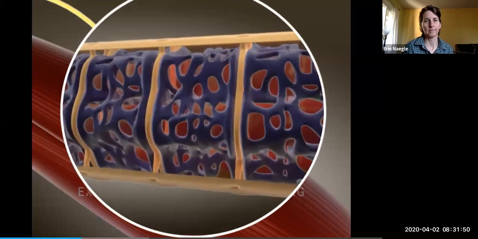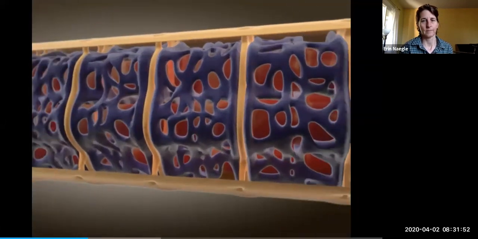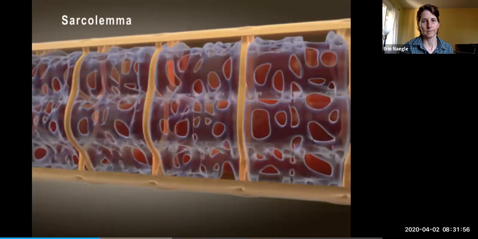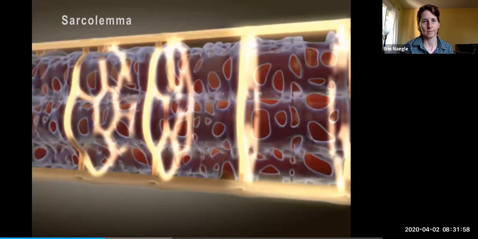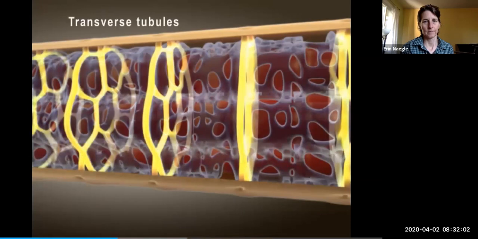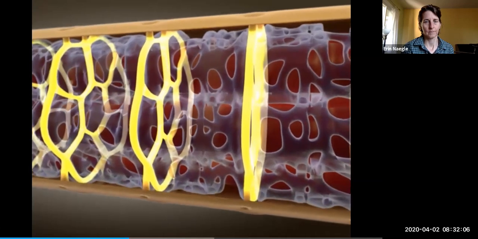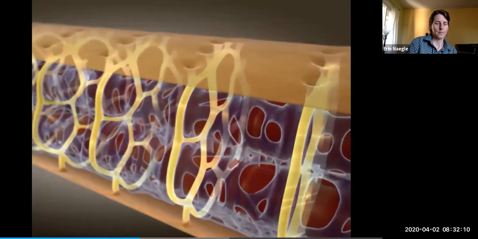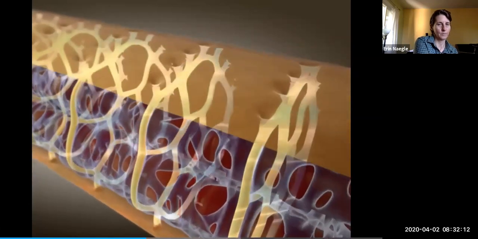If we look at a single muscle fiber, we see that an action potential travels across the entire sarcolemma and is rapidly conducted into the interior of the muscle fiber by structures called transverse tubules. Transverse, or T tubules, are regularly spaced infoldings of the sarcolemma that branch extensively throughout the muscle fiber.